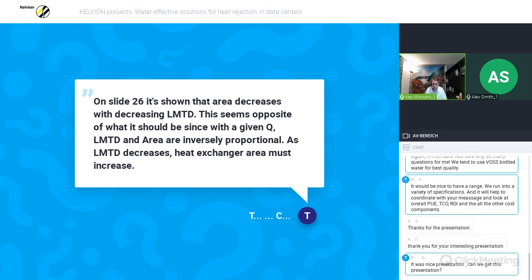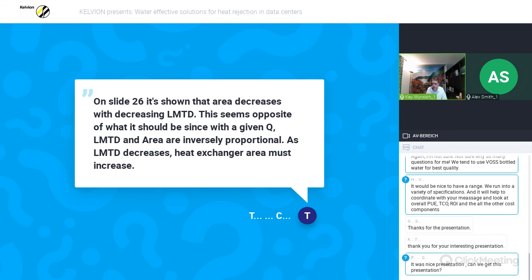A dry air cooler will have a bigger temperature difference to the ambient temperature, so you can have a smaller dry air cooler if you have a more efficient plate heat exchanger. So it was actually the heating surface of the dry cooler and not of the plate heat exchanger mentioned on the slide. Otherwise it would be correct that on the plate heat exchanger, the area increases with the smaller LMTD.